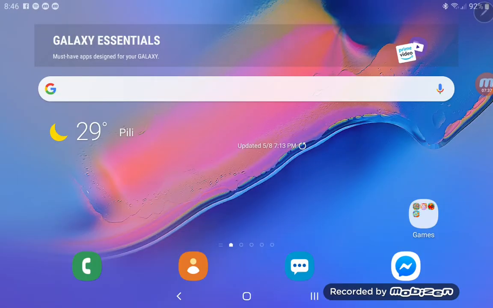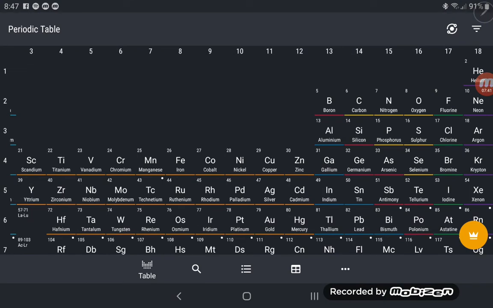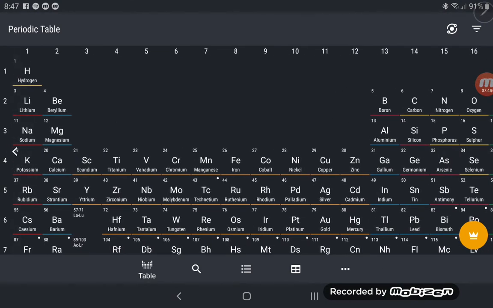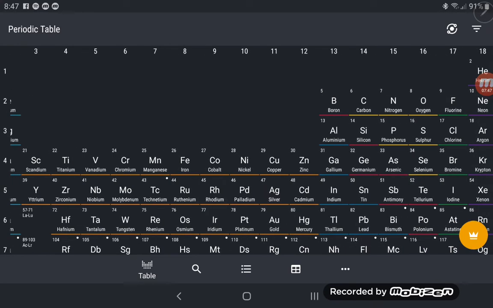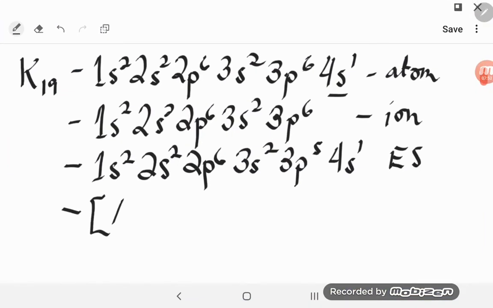You need to go back to your periodic table of elements. Since we have potassium, the noble gas before potassium is argon, which is 18. So we will write the symbol for argon, Ar.